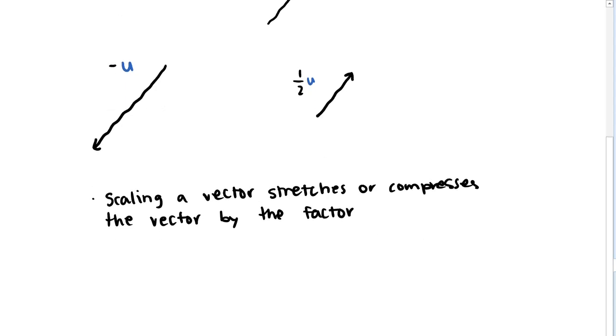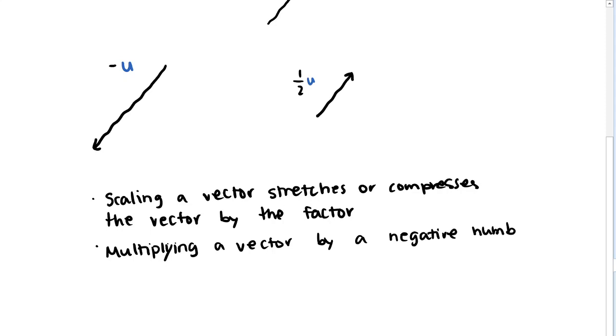And another thing to emphasize is that multiplying a vector by a negative number, all that does is reverses the direction of the vector. Like we saw above.